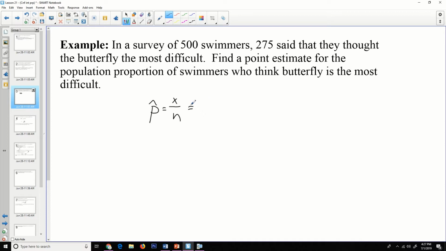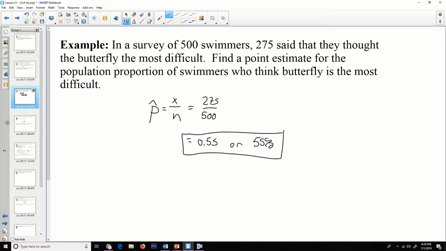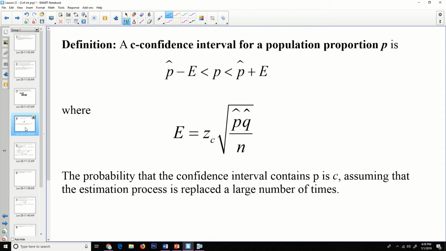And so we're going to say that our successes are 275 over the 500 total, and that turns out to be 0.55 or 55%. All right, pretty easy for the first one.